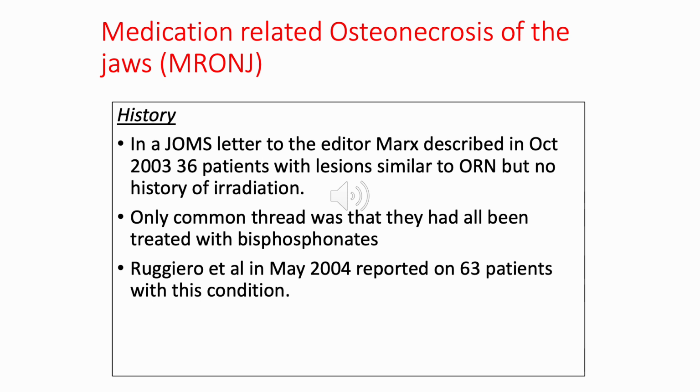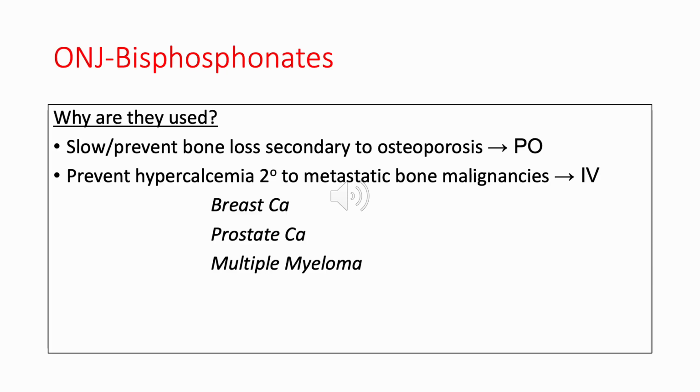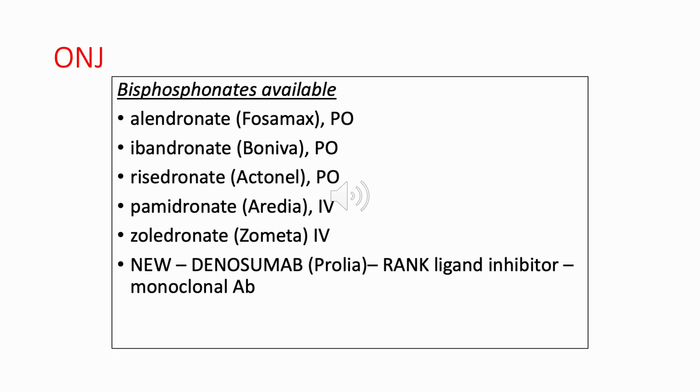Eventually they pieced it together and realized the common denominator was that they were all on bisphosphonates. These medications are either taken orally, typically to prevent osteoporosis, or they can be administered IV, typically to prevent hypercalcemia in the setting of metastatic bone malignancies, like metastatic breast cancer, prostate cancer, or multiple myeloma.